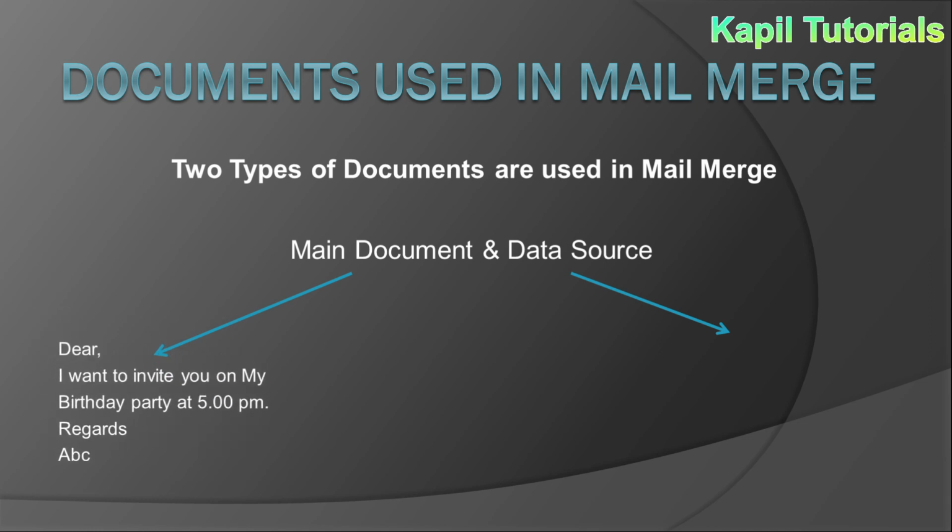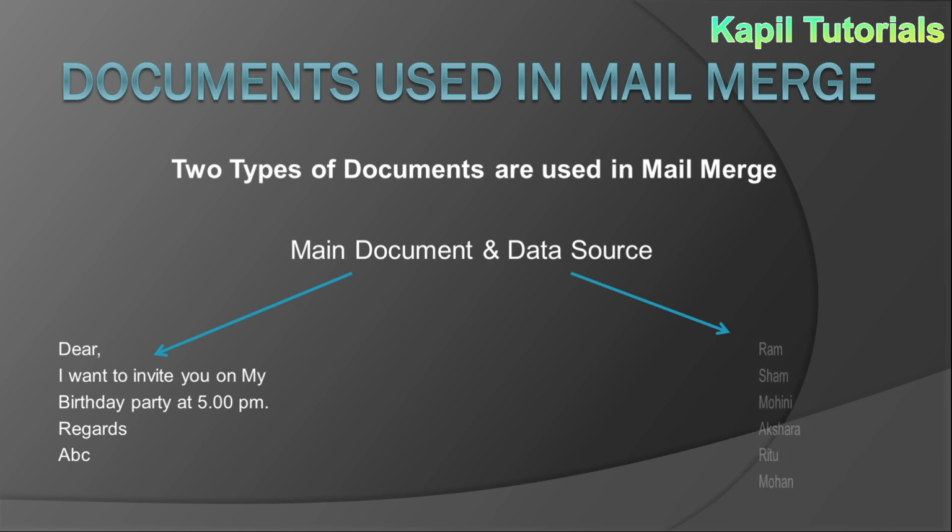Now I have given you the example of the main document. Here names are not written, only the matter which is to be typed for each and every person. It can be 100, 200, 300, or if we are sending a letter to all the students or workers in a company, this matter will be same for each and everyone.